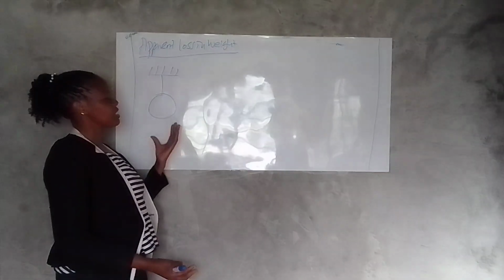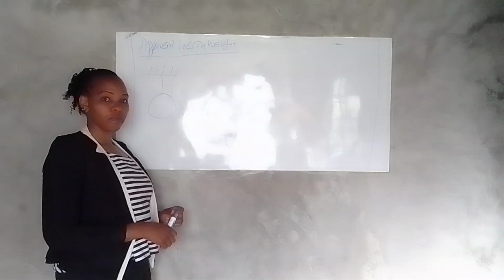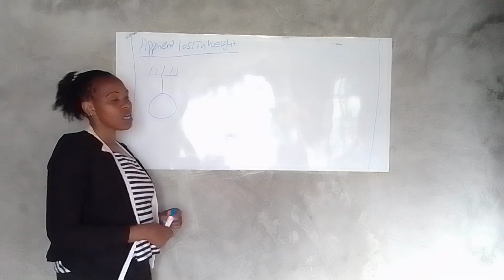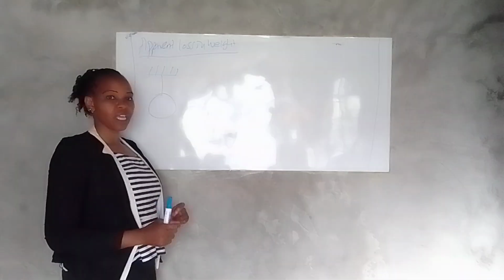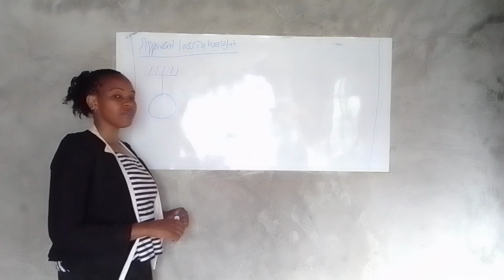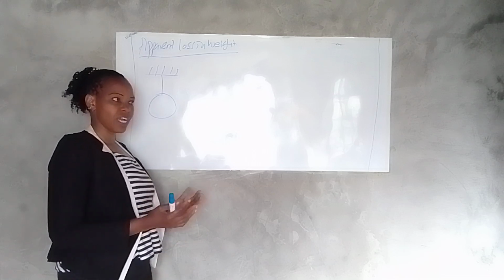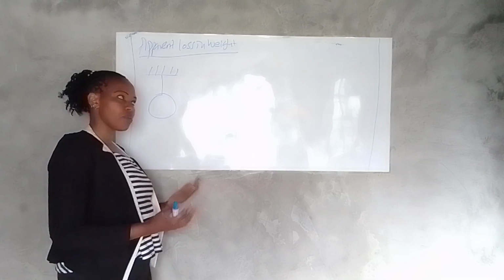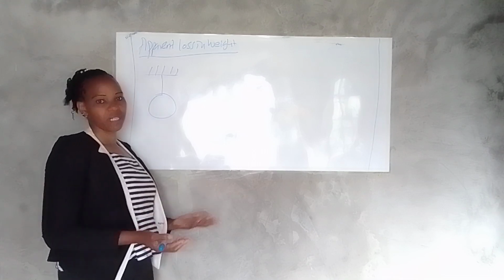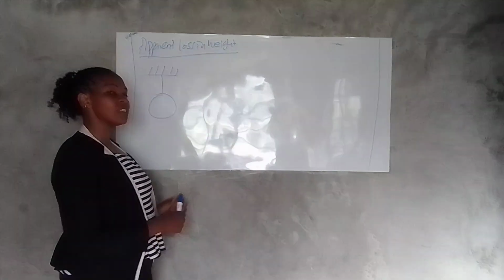But the upthrust due to air is very small. Why? Because the density of air is very small, 1.25 kilograms per cubic meter. So that's a very small density, so the upthrust is very small.